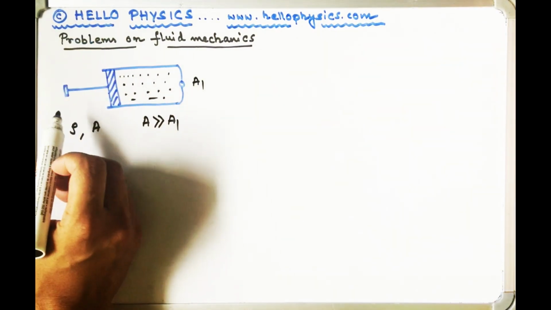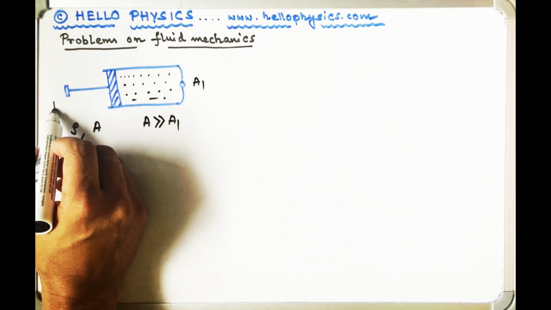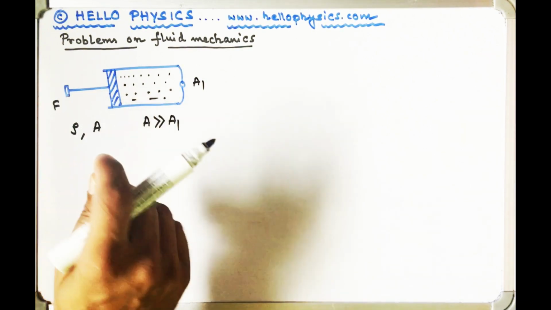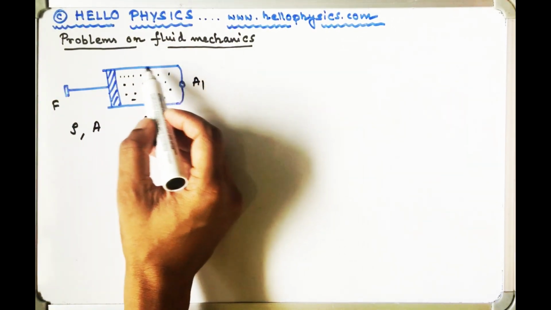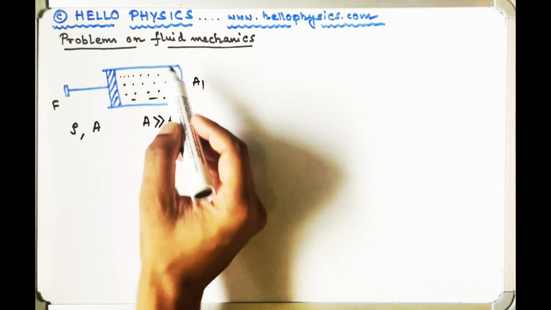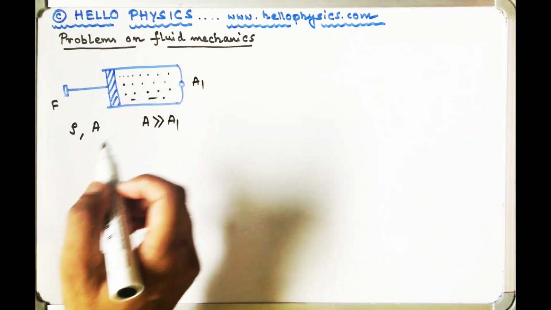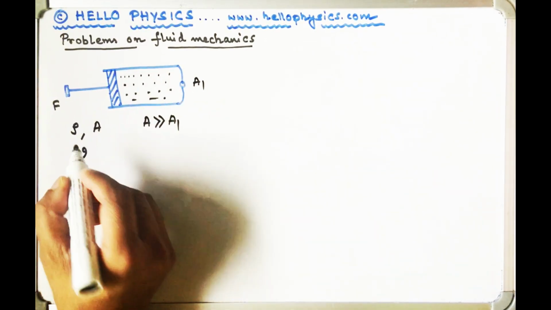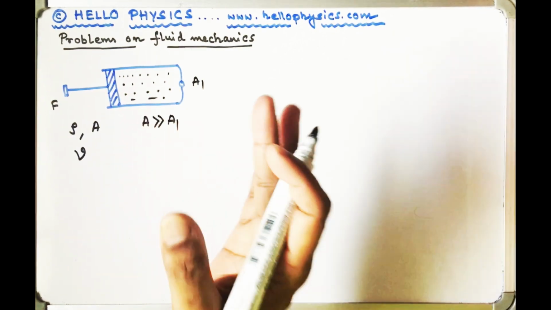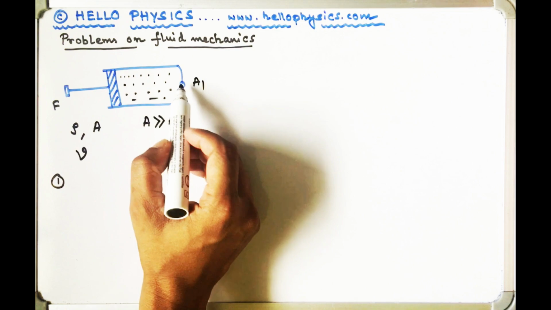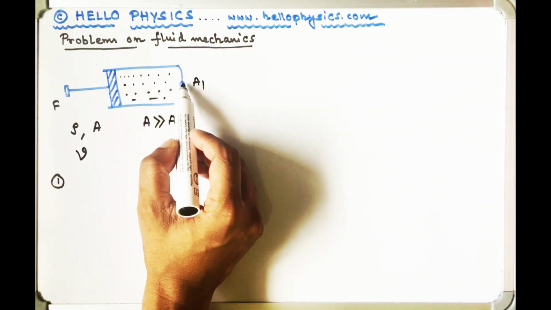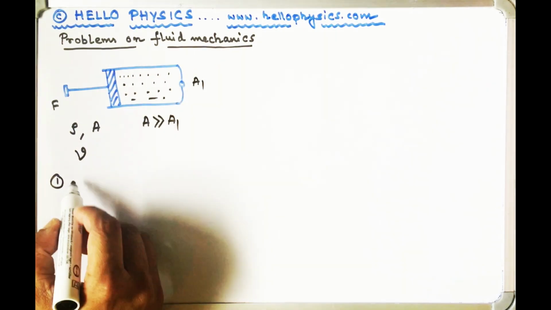Now what is done is a force F is applied onto the piston from this side. The total volume of fluid inside this piston is equal to V. What you have to find out first is how the velocity of the fluid coming out of this small hole varies.